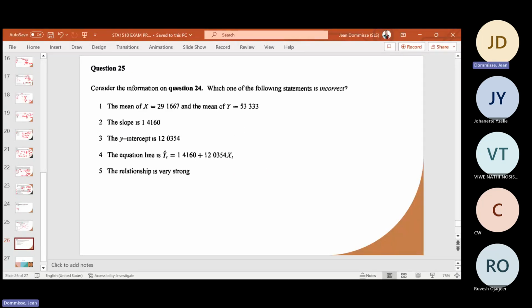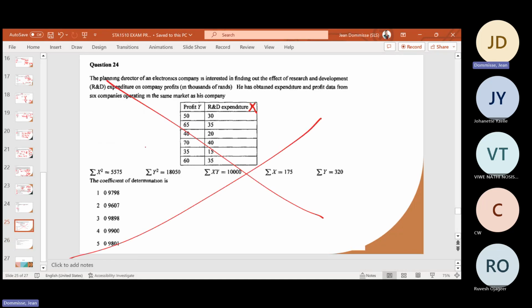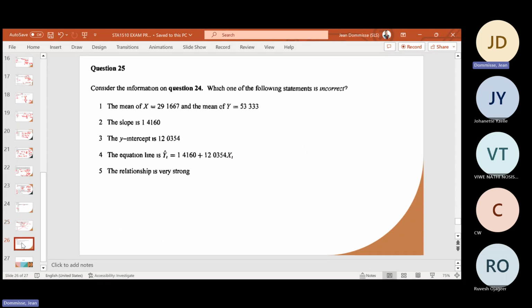That was the previous one, but when I share it with you guys, just ignore it because there are just too many errors. Now we've seen that the slope we calculated was 2.4. So already, if I look at these options, that one is incorrect. So the slope is incorrect.